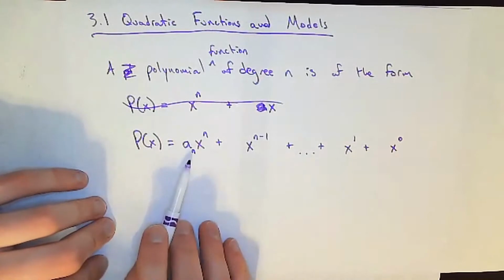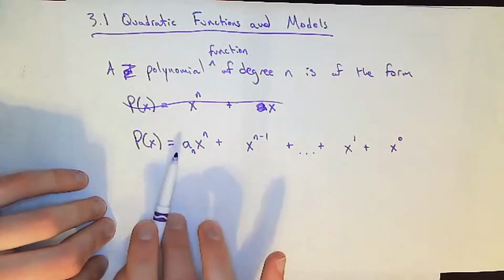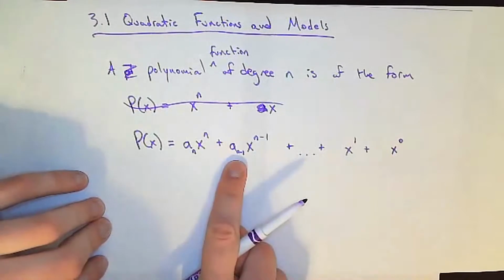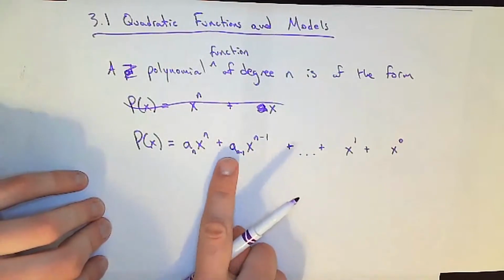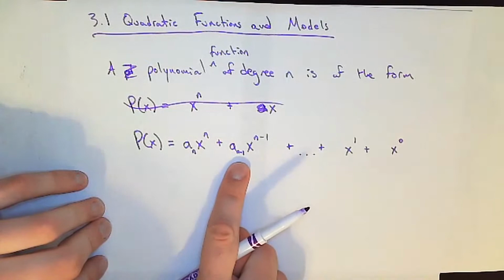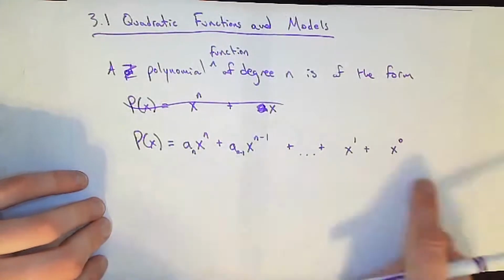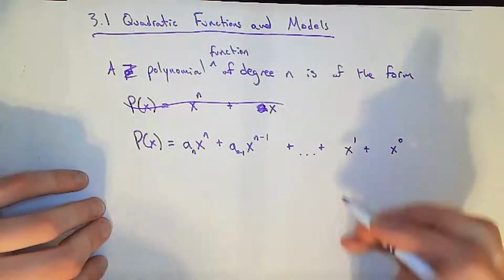So this index is not an exponent. It's just saying this is the nth coefficient. And then here, this is the n minus 1 index, a sub n minus 1. So that's the n minus 1th coefficient. This is just a way to keep track of potentially tons of terms.